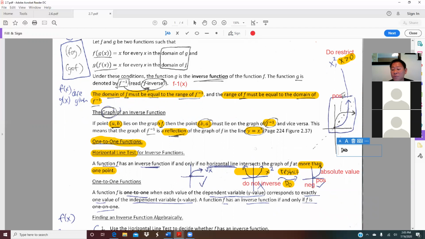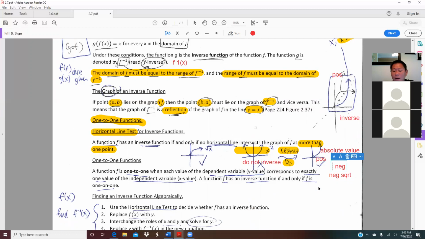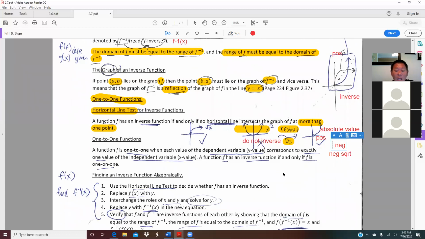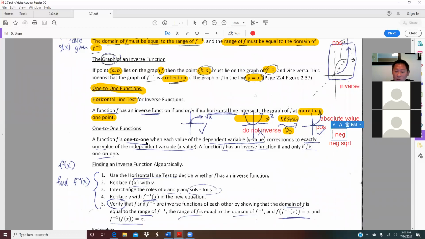Then your inverse will have a negative square root. So that's the reason you have to be careful with which side you pick. If you pick the negative side, which is going the other way, then your inverse function is going to be negative. We'll talk more about this domain restriction. If it's 1 to 1, then you can say that it has an inverse function. So make sure you remember that the domain restriction is very important.